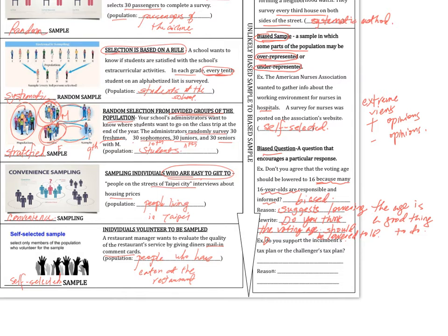So we call this a not potentially biased question because it doesn't encourage a particular answer.